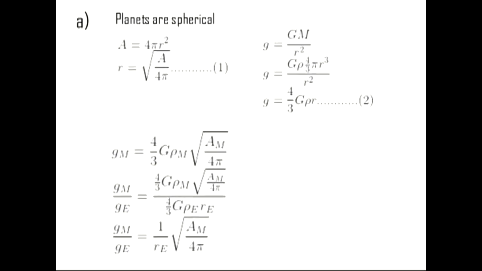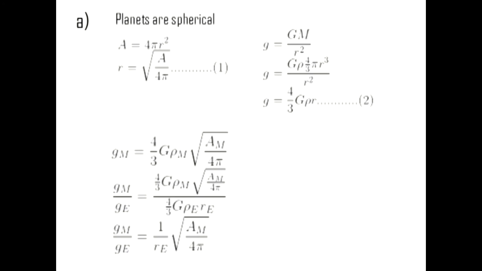And note that 4 over 3 times the gravitational constant times the density of Mongoliearth is equal to 4 over 3 times the gravitational constant times the density of Earth. So theoretically, it's basically just the radius of Mongoliearth divided by the radius of the Earth.